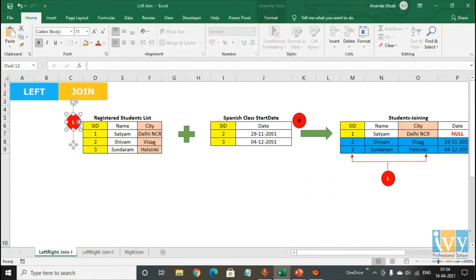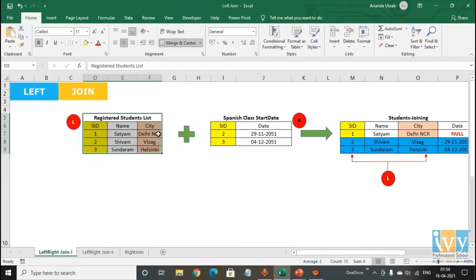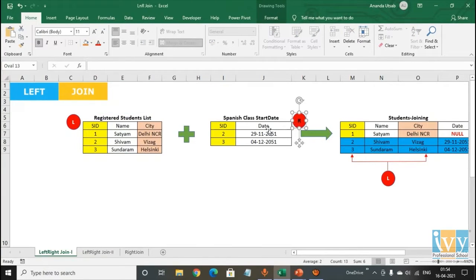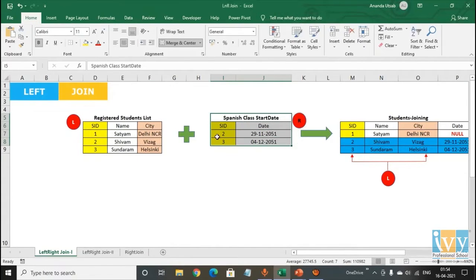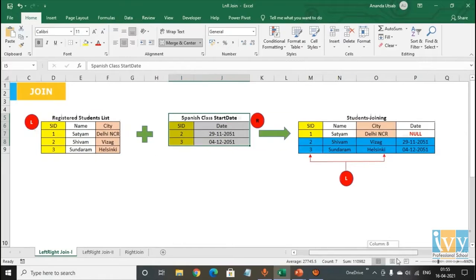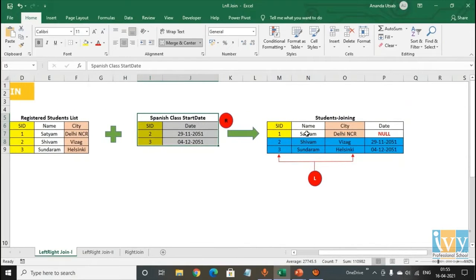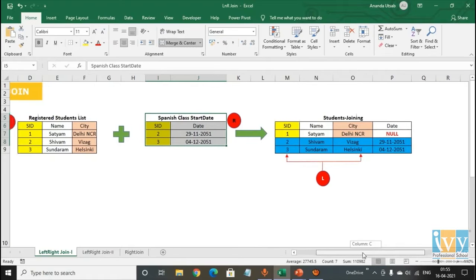I have a left table denoted by the symbol L, the registered students list having the names of 3 students, their IDs and cities, and a right table denoted by the symbol R, which shows a Spanish class start date, showing the class starting dates of only those students who have started their Spanish classes. I want a table in which all the students are shown and their respective class starting dates are shown.